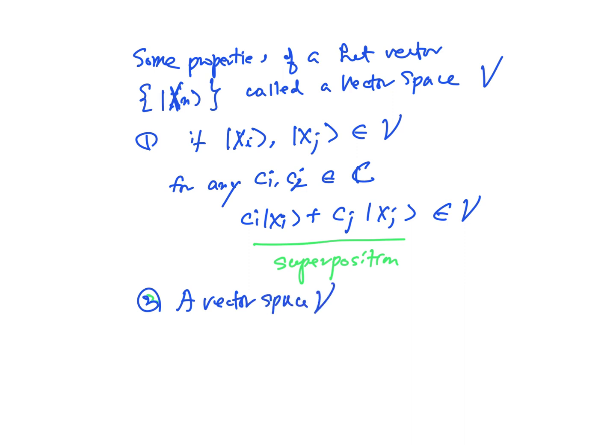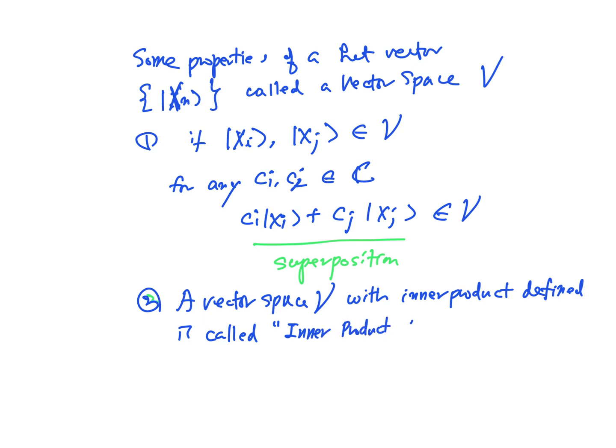A vector space with inner product defined is called inner product space, or sometimes called Hilbert space.